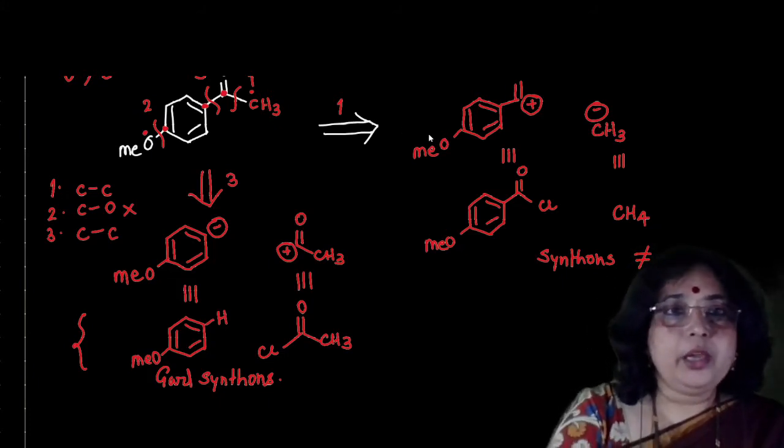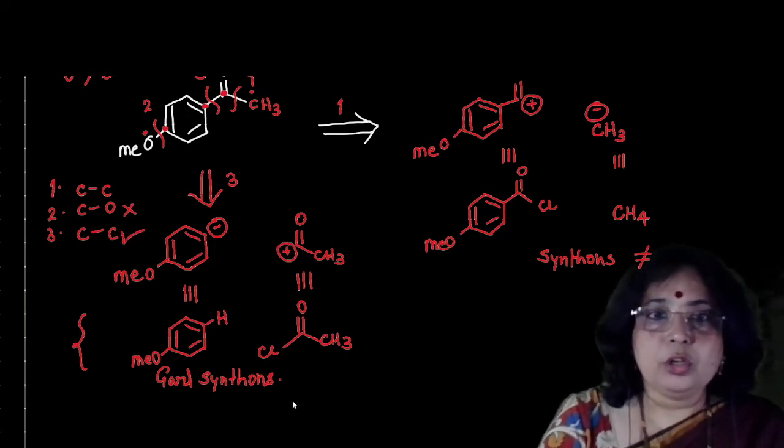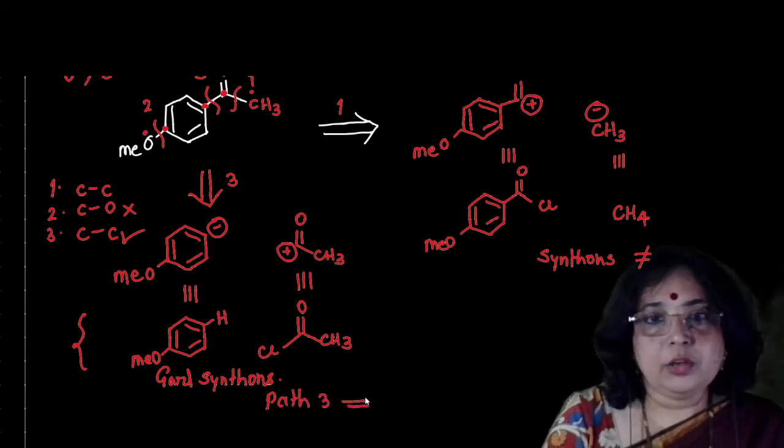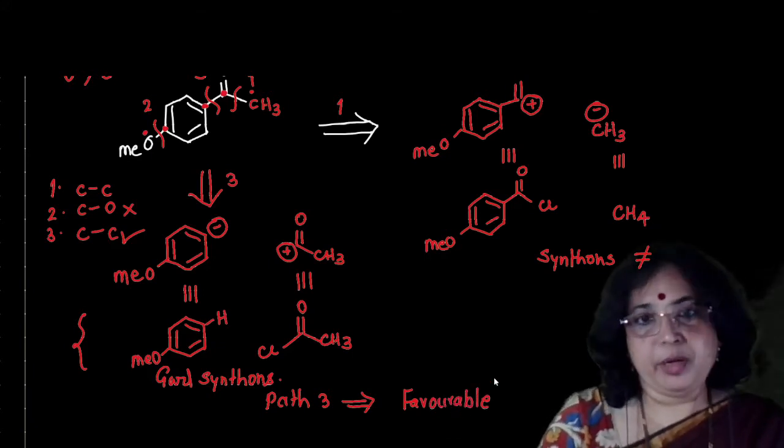Now here the third approach is favorable. So path 3 is the favorable path.